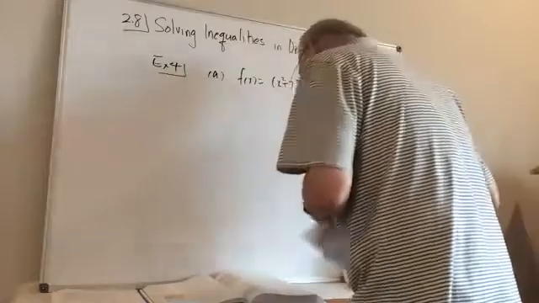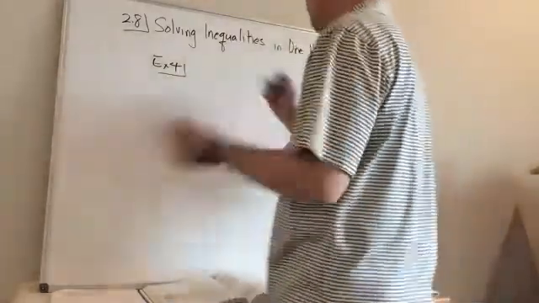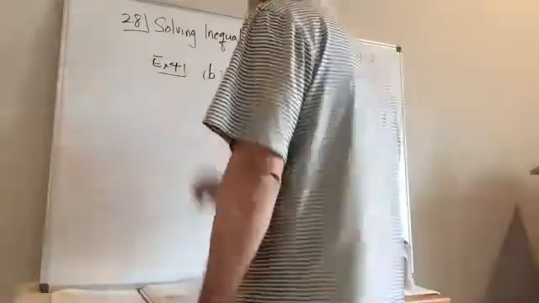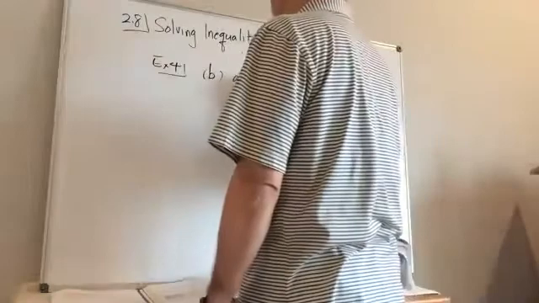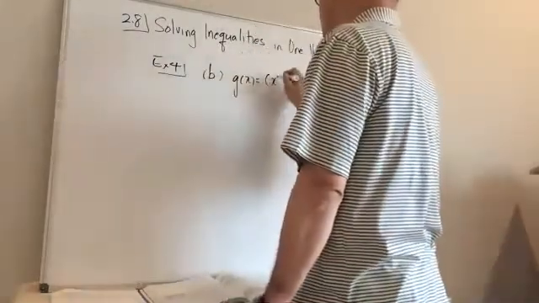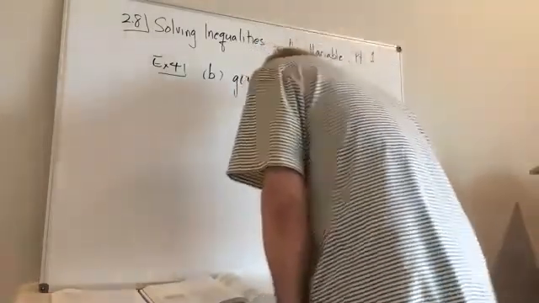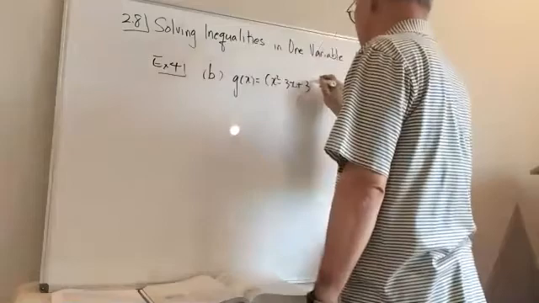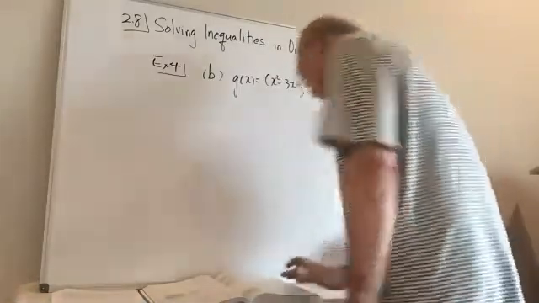All right, let's look at B now. So that was A. Let's look at B. I have g of x is equal to x squared minus 3x plus 3 and 2x plus 5 squared.